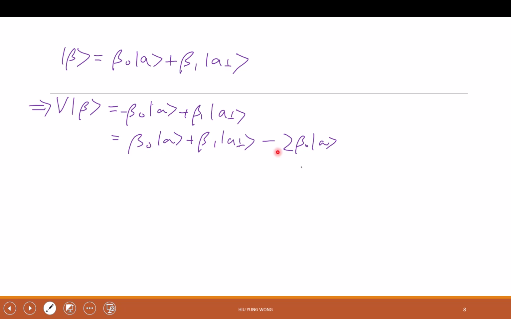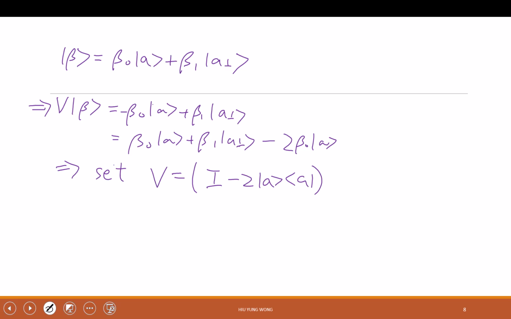Because beta 0 A minus 2 beta 0 A gives me negative beta 0 A. So I can basically say that we can set V equals I minus 2A. We need to find a quantum oracle in this form, right?